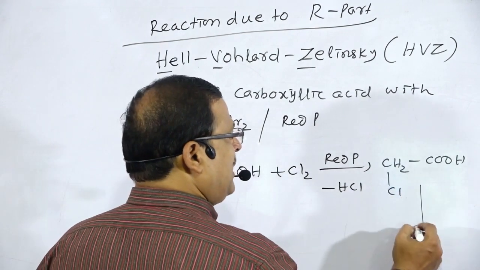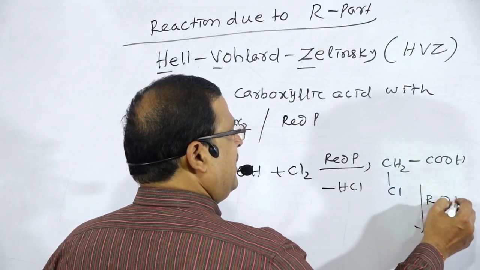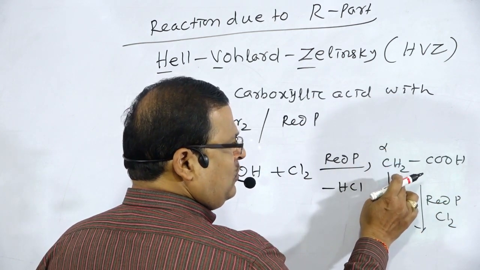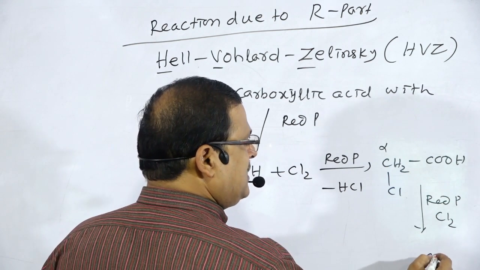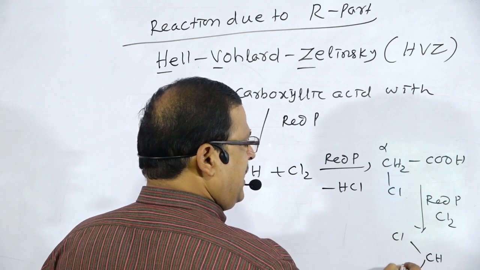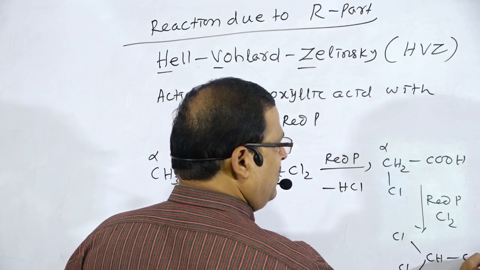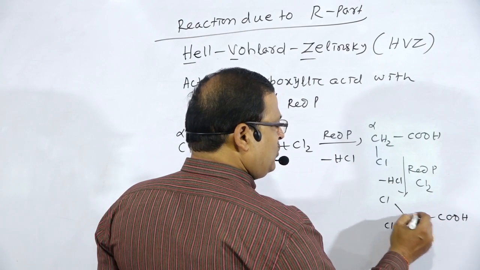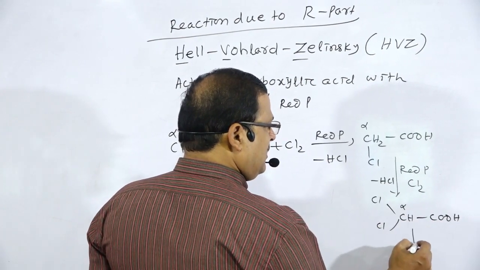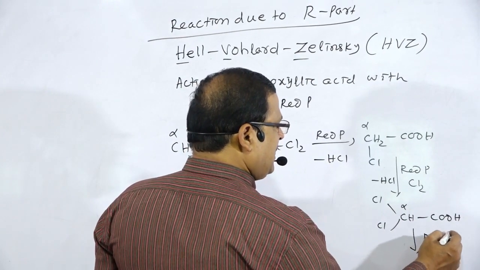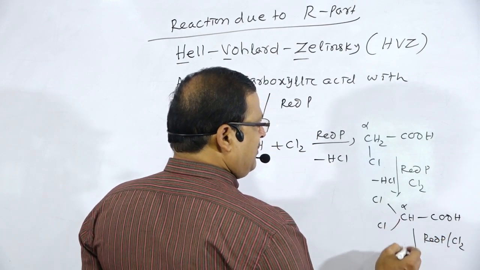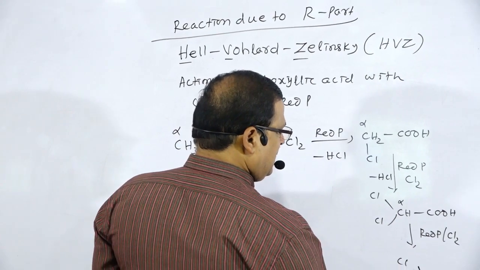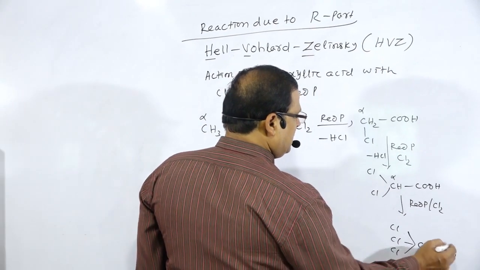Again this compound is treated with red P and Cl2. Again, one alpha hydrogen is replaced by Cl, giving CHCl2COOH minus HCl. Again, with red phosphorus and Cl2, the alpha hydrogen atom is replaced by Cl, giving CCl3COOH.